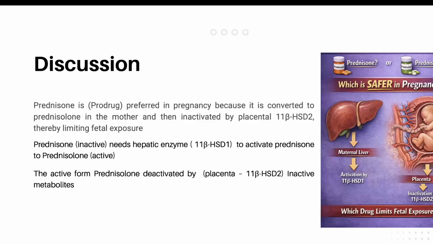So we have two mechanisms to protect the fetus from the action of glucocorticoid. First, we give the mother a prodrug, and this drug will be activated only in the maternal circulation and not in the fetal circulation. And also in the placenta, there is the enzyme called 11 beta hydroxysteroid dehydrogenase type 2, which converts prednisolone back into its inactive form, prednisone.